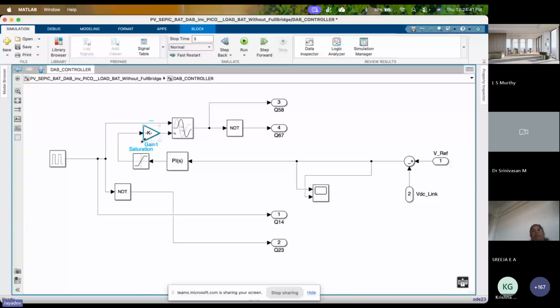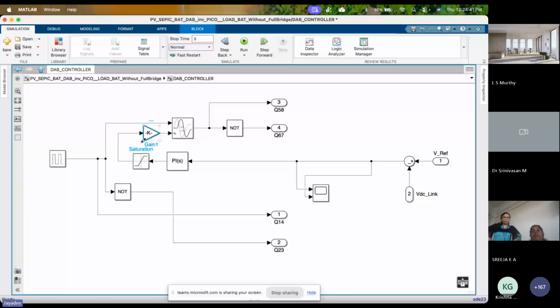To give the phase shift, we are using a variable time delay block. This block will take two inputs. One is the reference, and the other will be phase shifted by some time T0. That time you have to decide.